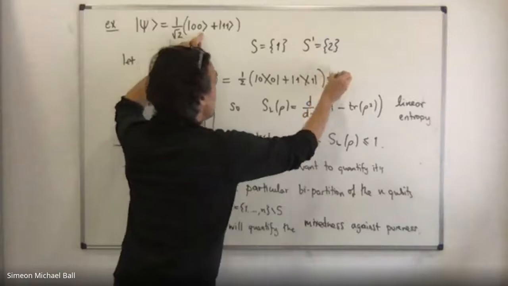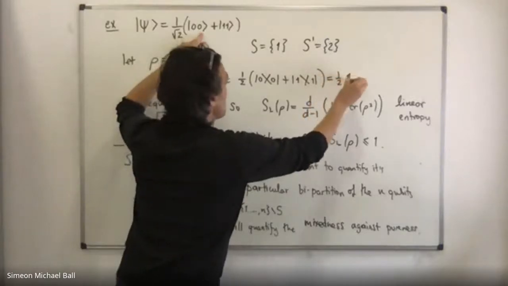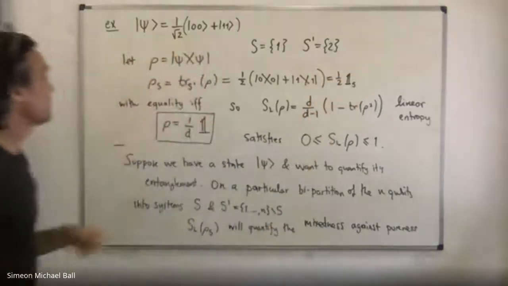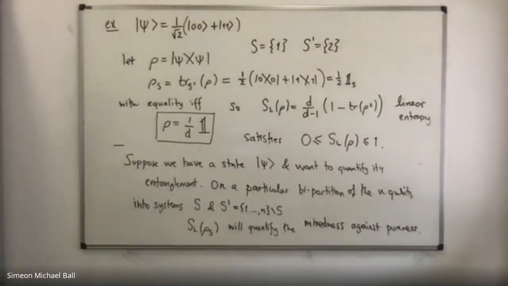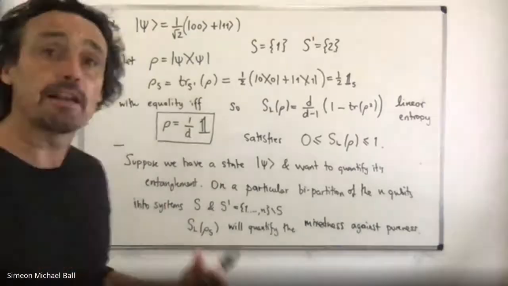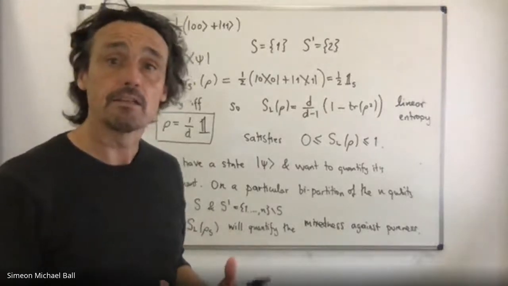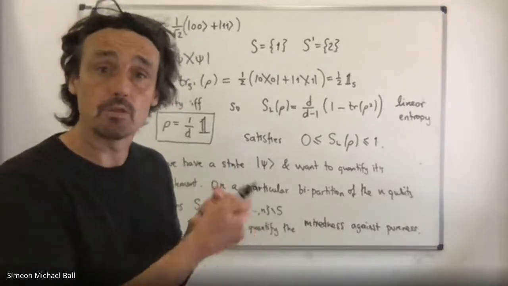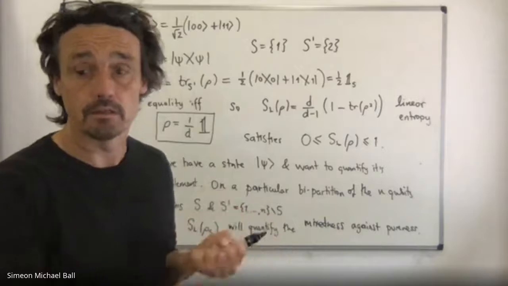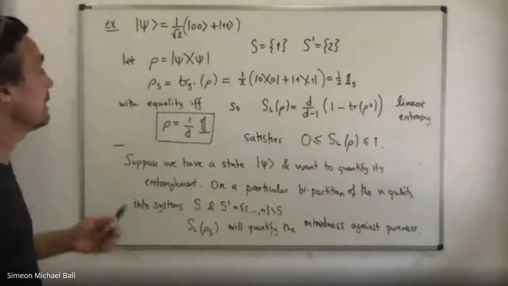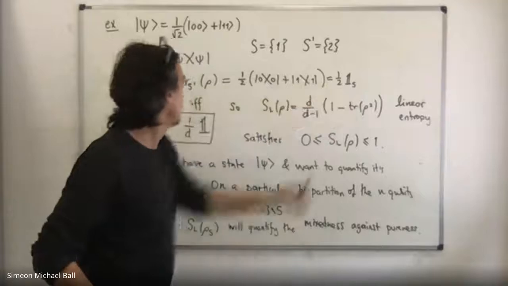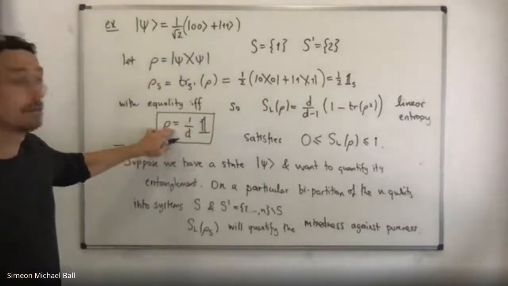So indeed we get half the identity on the S system. So that's completely mixed up, reflecting the fact that there was a lot of entanglement between the first and the second qubit. You couldn't get more mixed up.